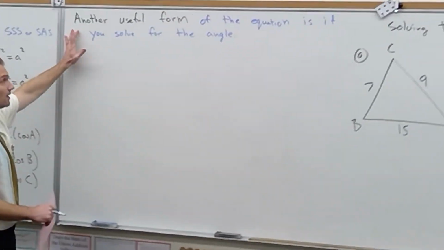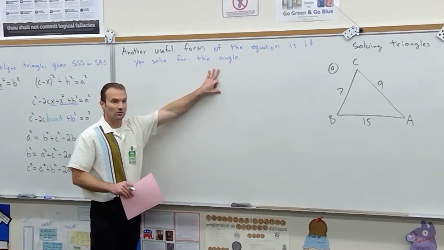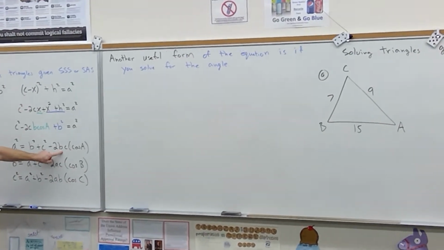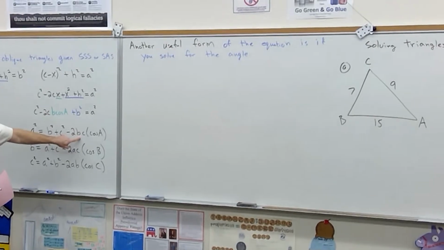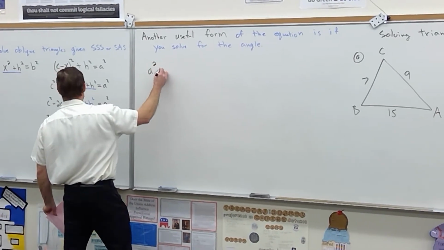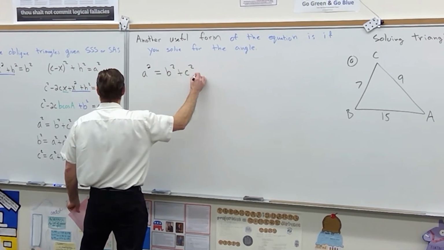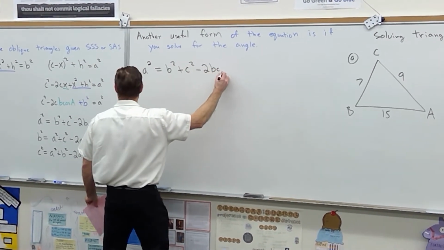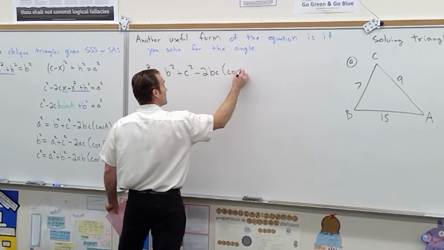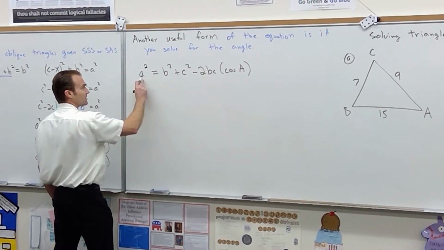Another useful form of our law of cosines equation is to solve it for the angle. So if I take this equation right here, let's solve it for the angle. Okay. So we want to subtract b squared, subtract c squared.